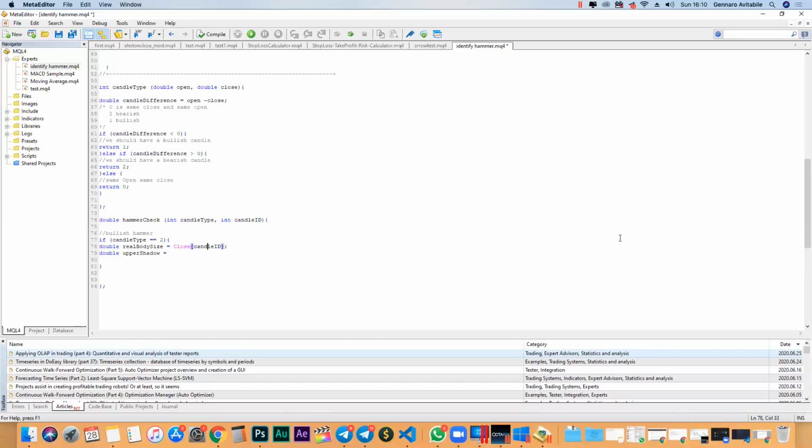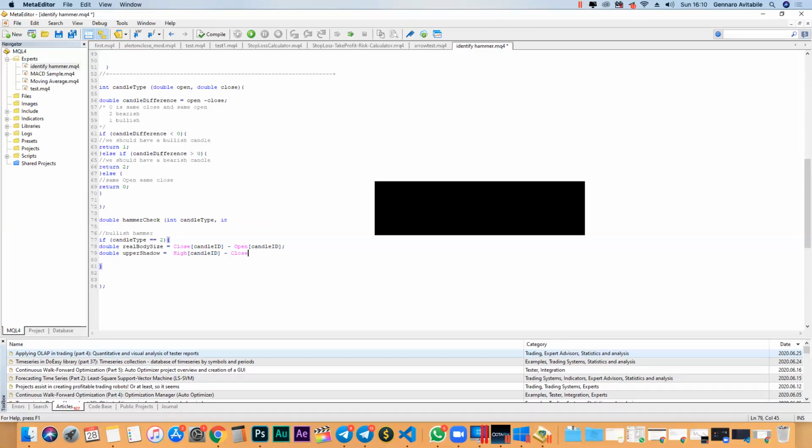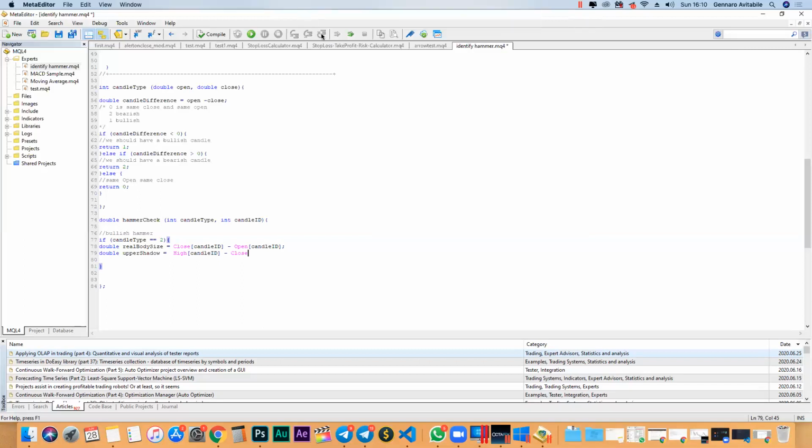So close, minus the candle open. And for the upper shadow, we're just going to need the close of the candle minus the... okay, hold on a sec.